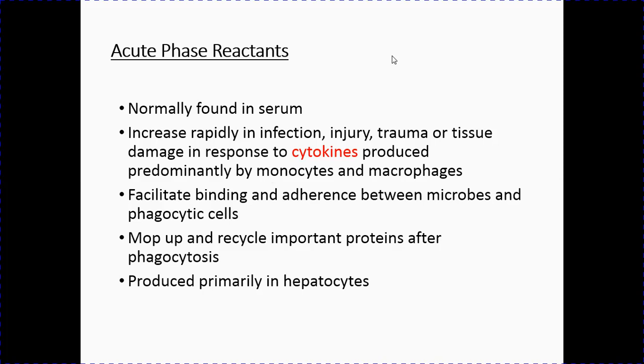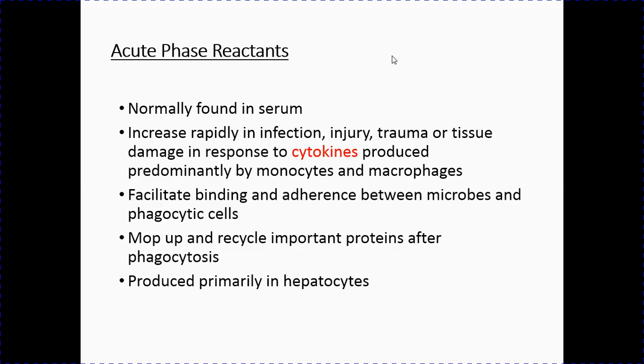Remember, phagocytic cells don't just respond to infection, they clean up cells too. So if you have tissue injury or trauma, tissue damage of some kind, phagocytic cells also go there, clean up the mess, mop up the mess.